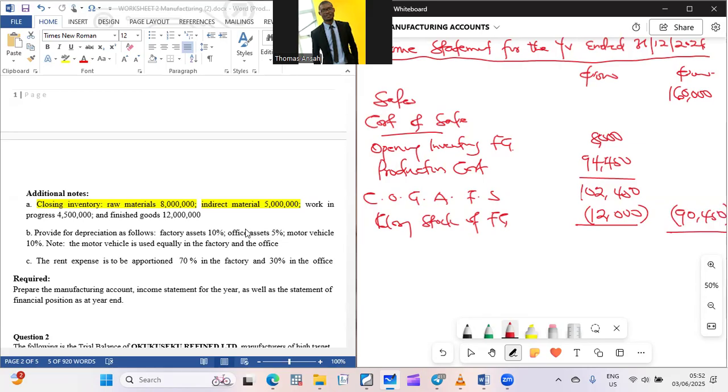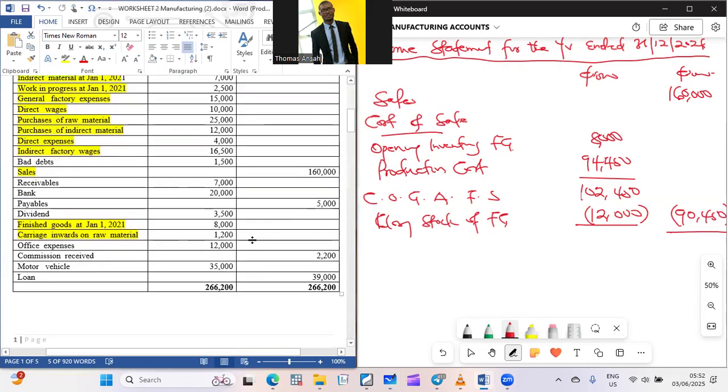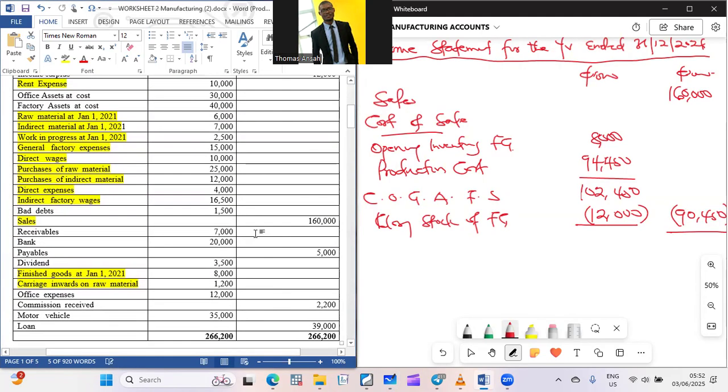All right. So this is where, when you are doing this and there is carriage on the finished goods, you will be bringing everything. Is that okay? So if I deduct from 160,000, that gives me 69,550. So that's your gross profit. Add other income.